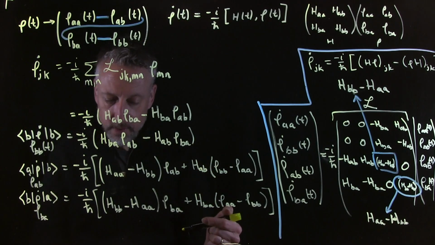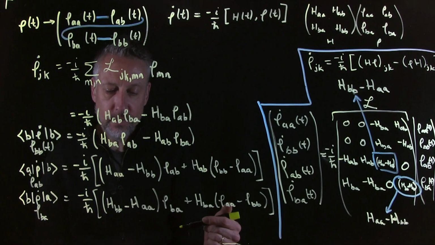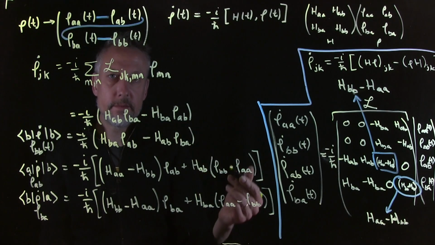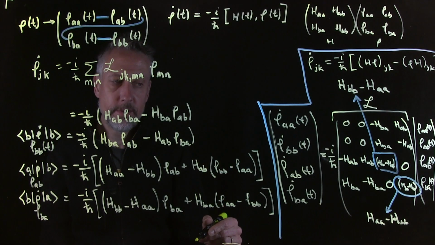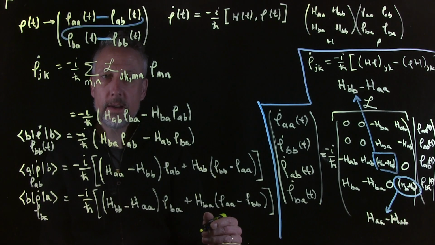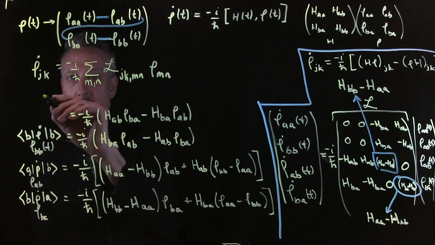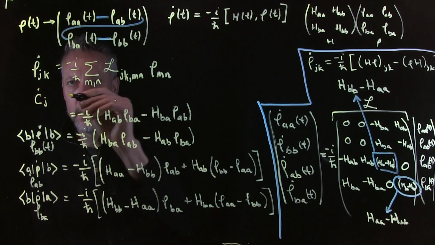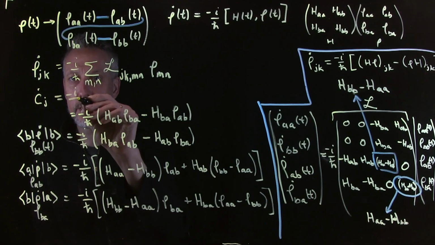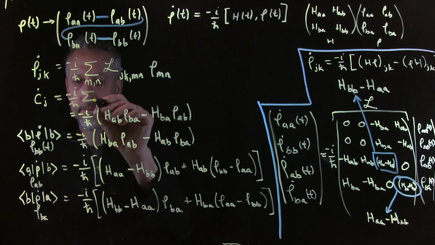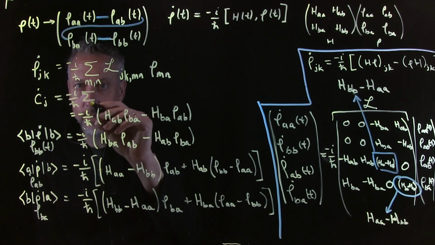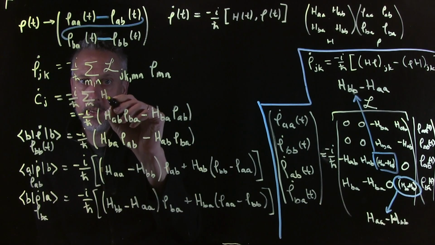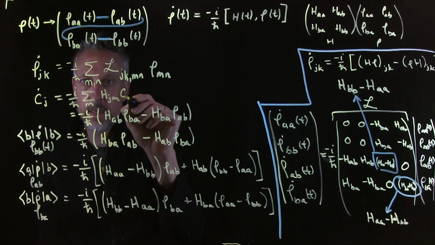Okay, so what is the point of all of this? The point is that we have transformed our previous formulation of quantum mechanics, which is that we had, for example, Cj dot equals minus i over h bar, sum on m, h jm cm.